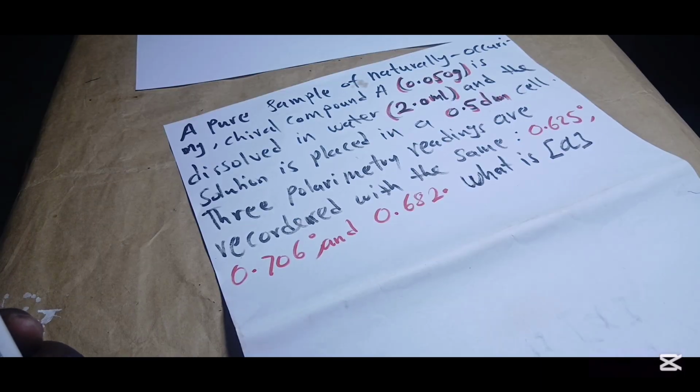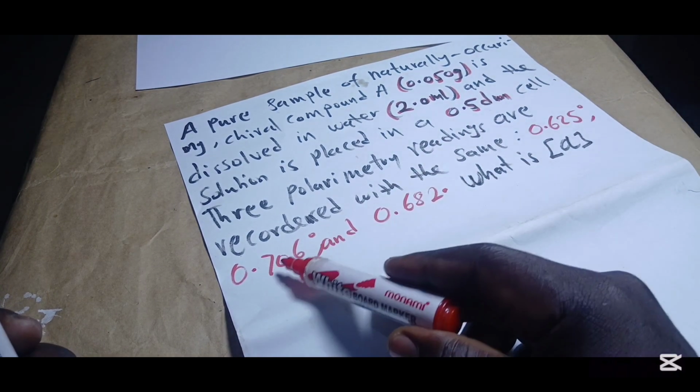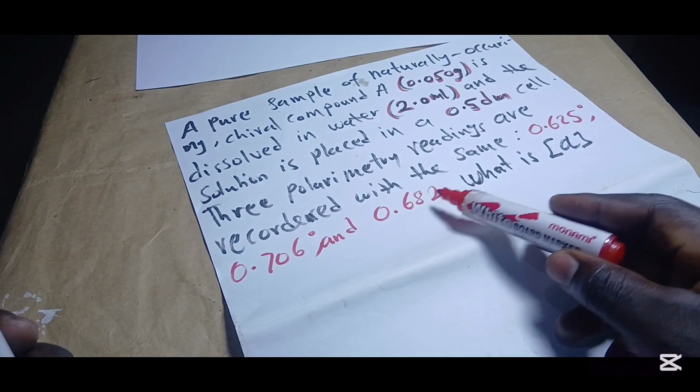A pure sample of naturally occurring chiral compound A of mass 0.050 gram is dissolved in water of volume 2.0 ml, and the solution is placed in a 0.5 decimeter cell. 3 polarimetry readings were recorded with the sample: 0.625, 0.706, and 0.682.